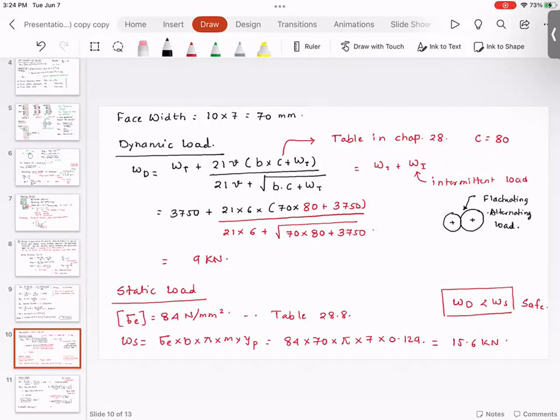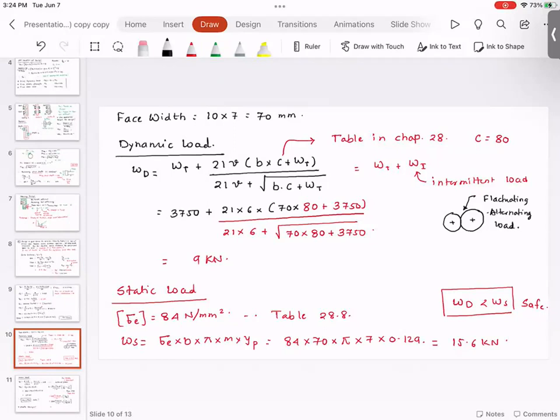And I have to caution you at this point, okay? If you have not done this, I would ask you to pause for a minute, refer to the table in chapter 28 and find out the value of C. Because otherwise there are two places that value of C is given and you will get confused.